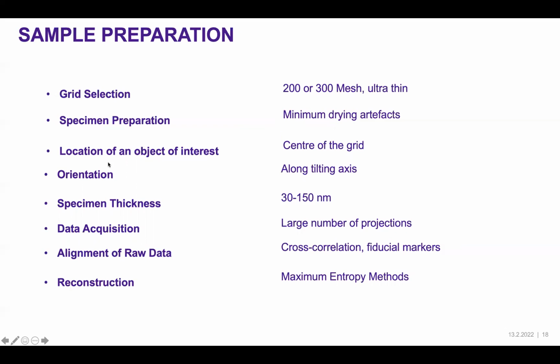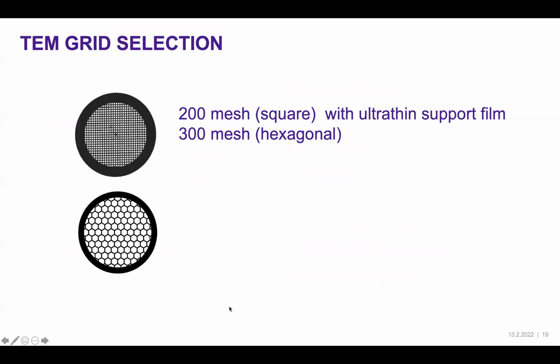It's important to know the location of your object of interest that you want to do 3D structure determination on, ideally at the center of the grid. Then the orientation of the object of interest, the specimen thickness, and data acquisition, that means a larger number of projections is better, and good alignment of the raw data, and then the methods that you use to reconstruct.